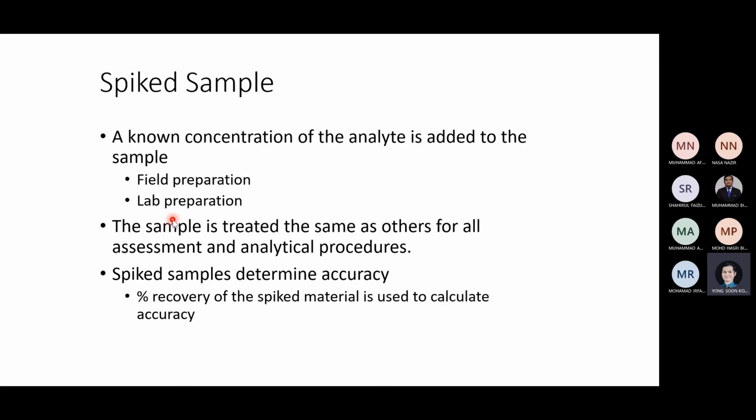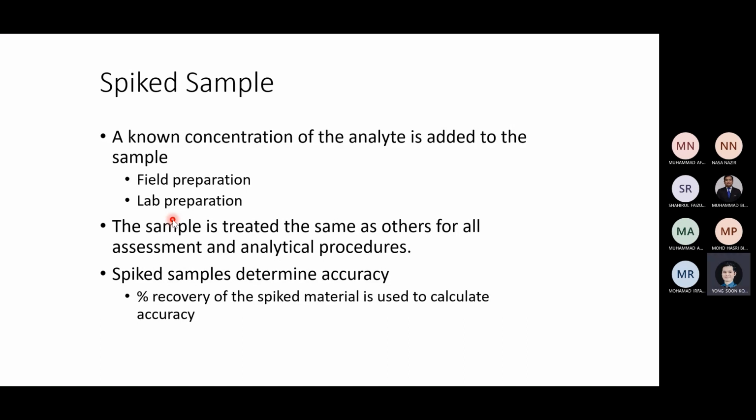For example, you added 10 ppm of cadmium, and the analysis turns out 9.9 ppm. You can say the rest of your analysis is accurate. Your sampling is spot on, no problem. So you see how we measure accuracy using the spike sample.